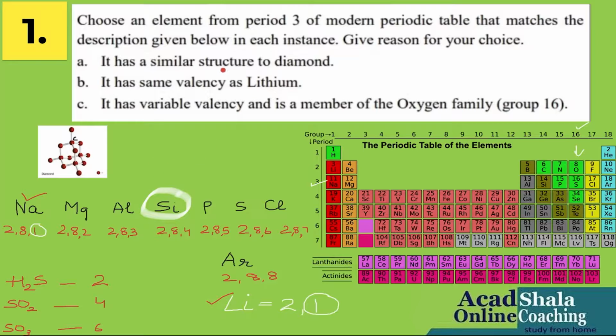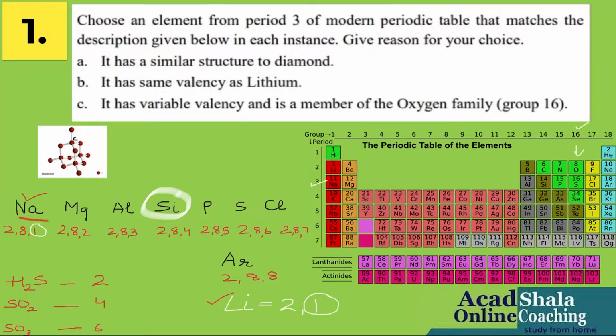So which is the structure which is similar to diamond? You have to see which element in period number 3 has a similar structure to that of diamond.